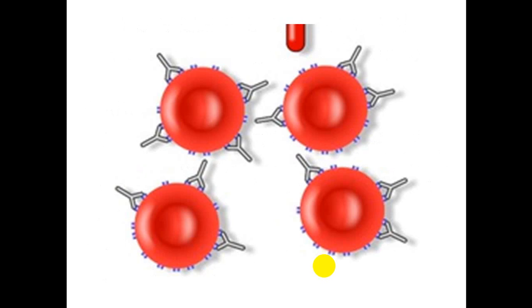These are red blood cells with many antigens in the cell membrane, and these red blood cells are coated with autoantibodies.